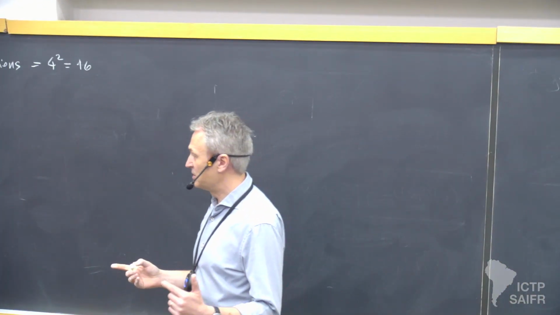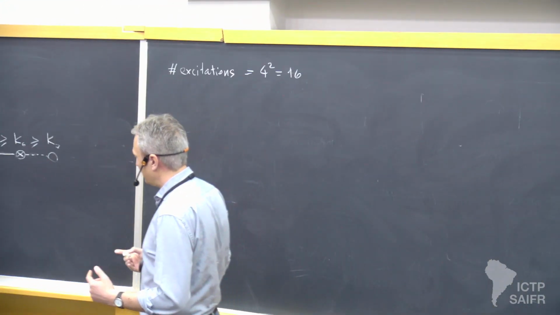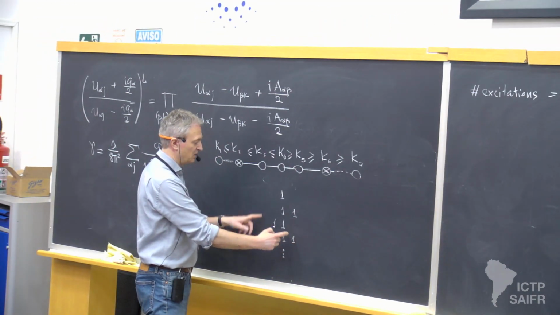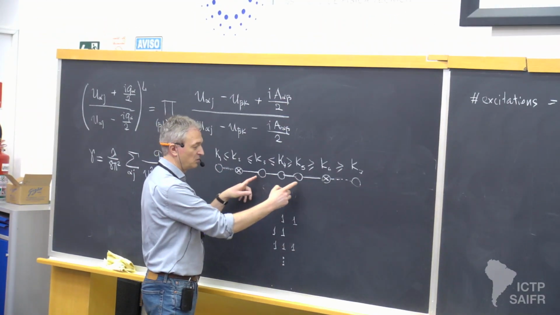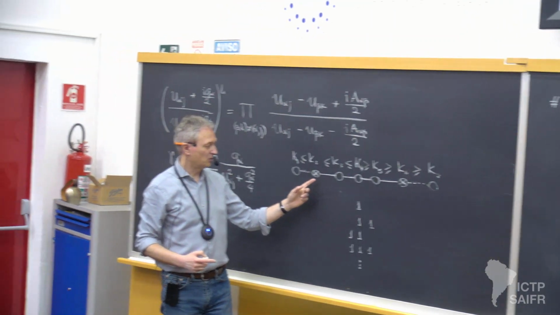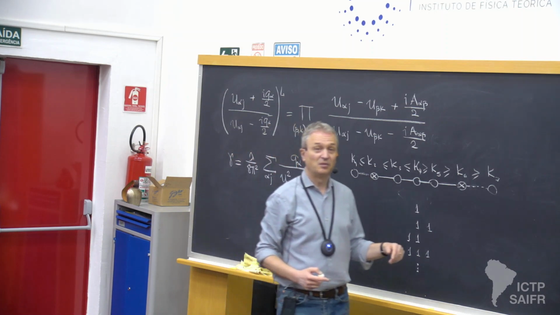The reason is that all elementary excitations are strings of ones that should stretch through the middle node, and they should be continuous. So we cannot put one here and then a 0, right?